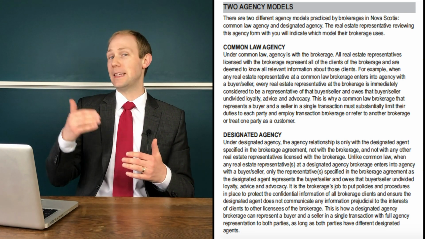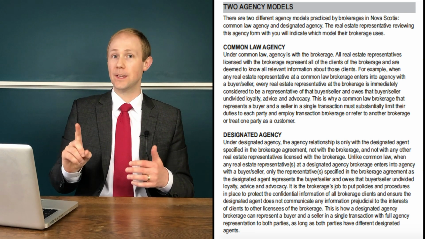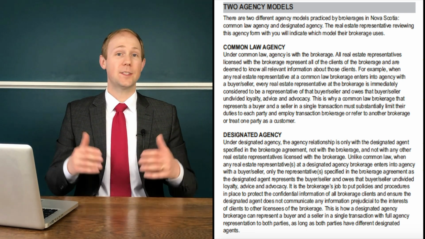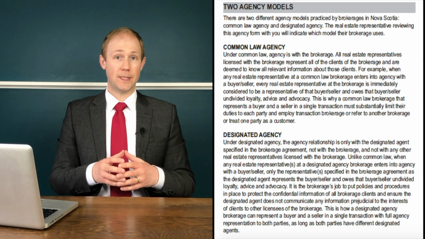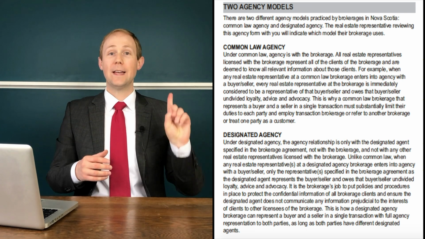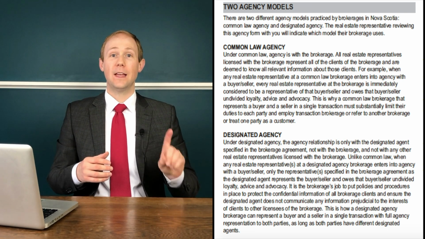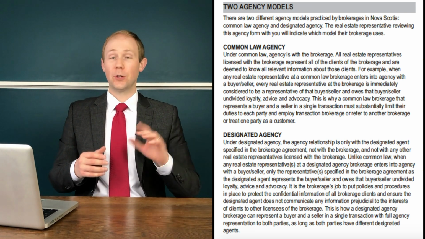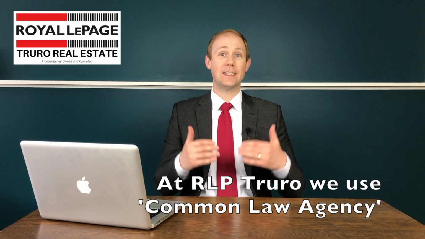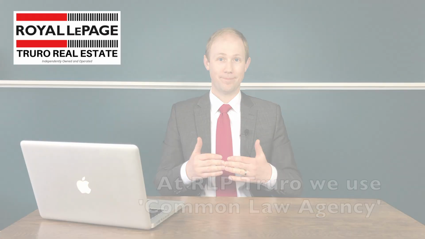And although you'll probably keep dealing with only one agent, there is the possibility that other agents may assist that agent in concluding the transaction. Now, with designated agency, only one agent is working on your behalf. If you call the brokerage, you are looking for that agent. That agent is your designated agent.